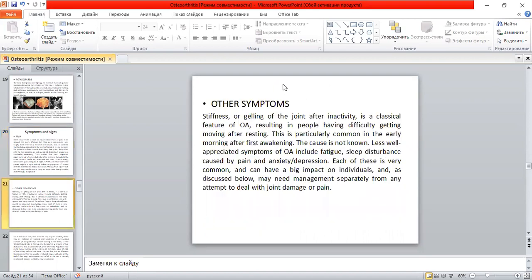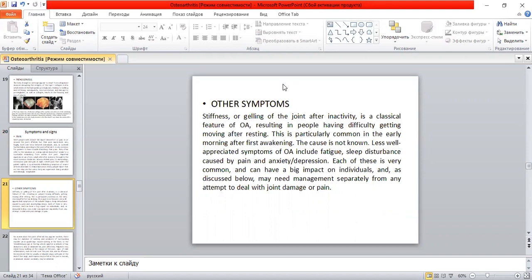inexplicable. Other symptoms: stiffness or gelling of the joint after inactivity is a classical feature of osteoarthritis, resulting in people having difficulty getting moving after resting. This is particularly common in the early morning after first awakening. The cause is not known.